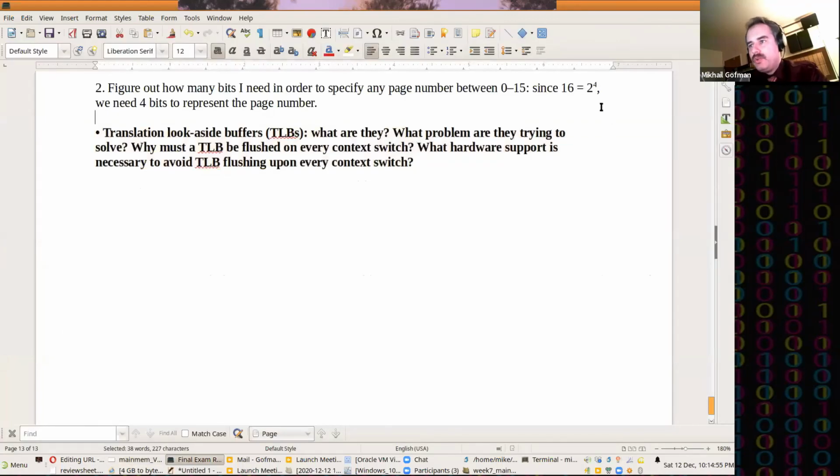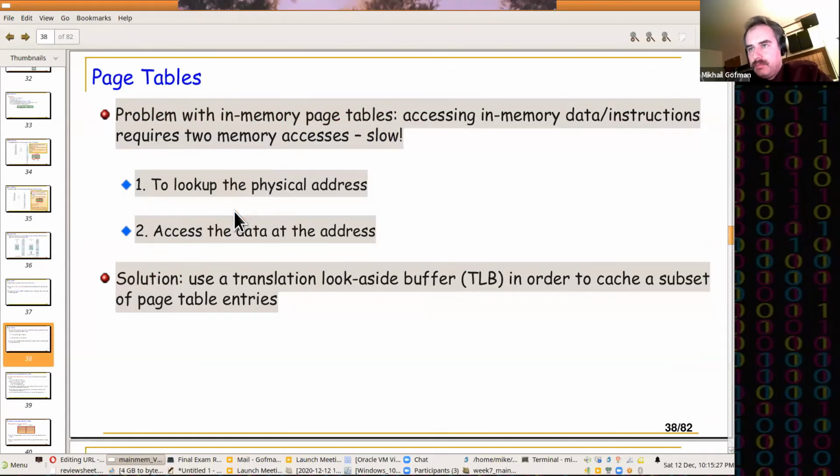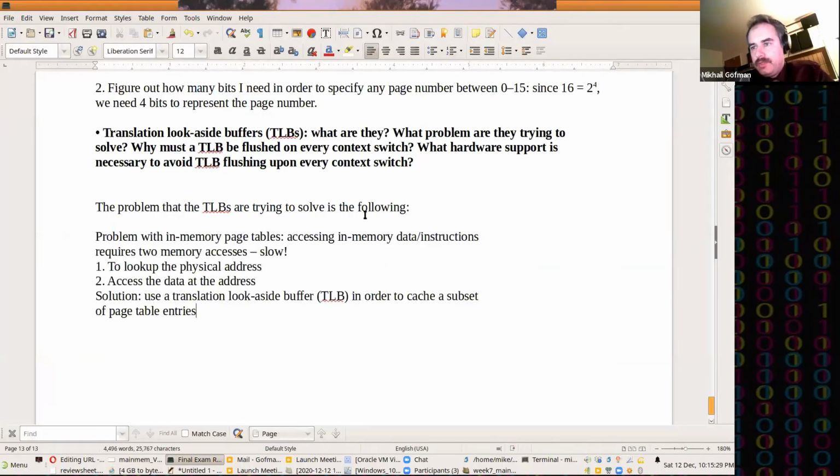So the problem that the TLBs are trying to solve is the fact that the page table is the following, okay? And I will copy it and paste it from the slides. Okay. So the problem is that it's slow, okay?